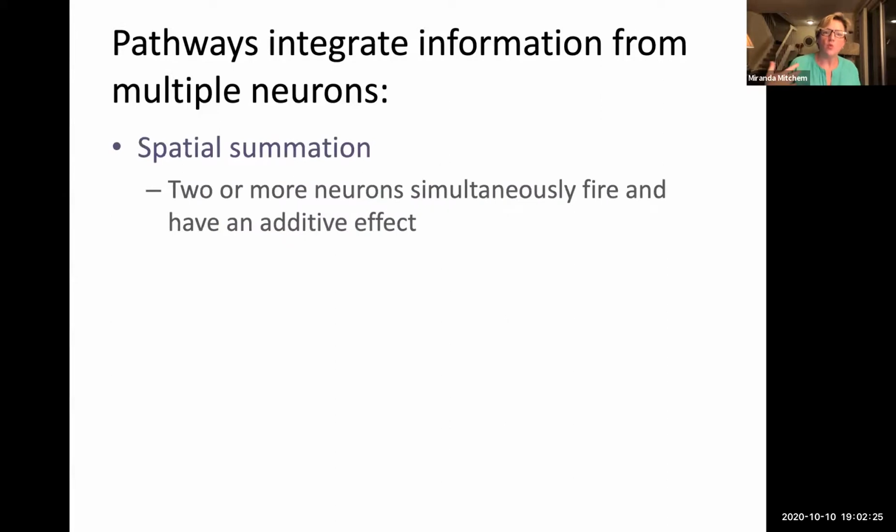So we've got what is called summation, and this is just the way that our cells process and integrate different information that's coming into the same cell. In spatial summation, we have two or more neurons that are fired, and that response becomes additive.